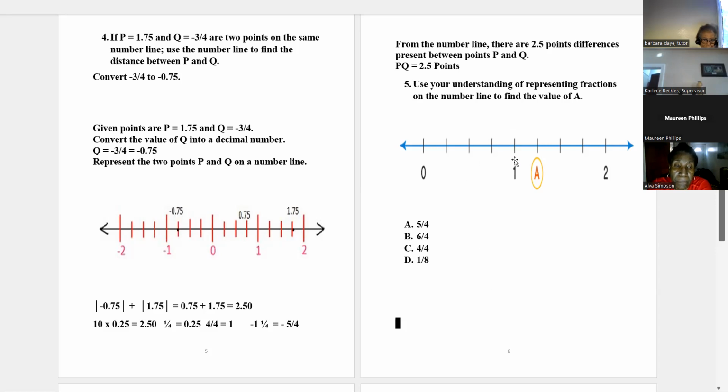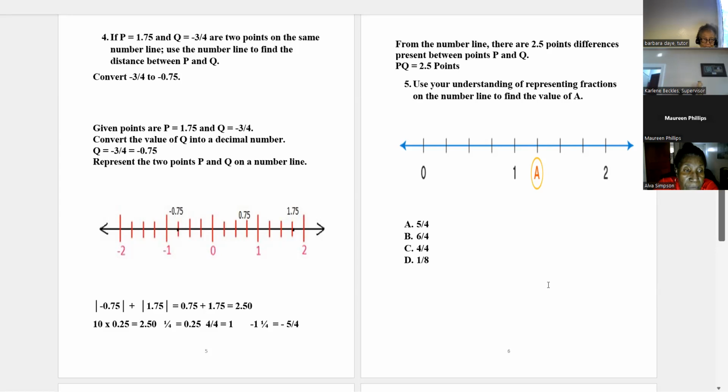4/4 is 1. And you increase in going from left to right. So it's greater than 1 and less than 2, because it's between 1 and 2. But each hash mark here represents a fourth.